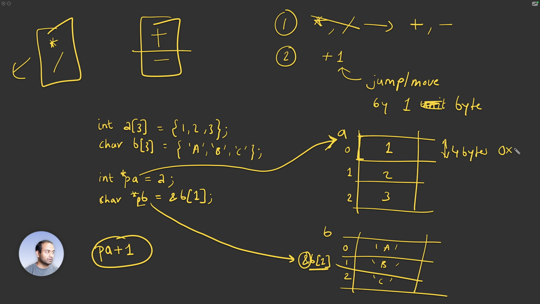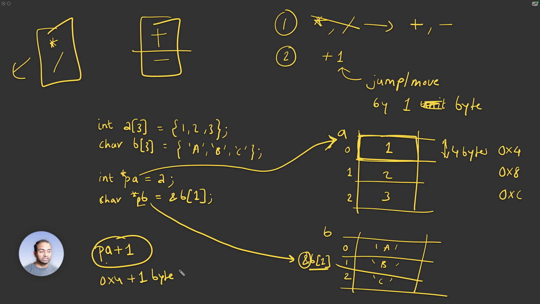If pa was pointing to, let's say, memory address hex 4, the next integer would be at hex 8, and still next would be at hex c, right? So pa plus 1 doesn't mean hex 4 plus 1 byte.